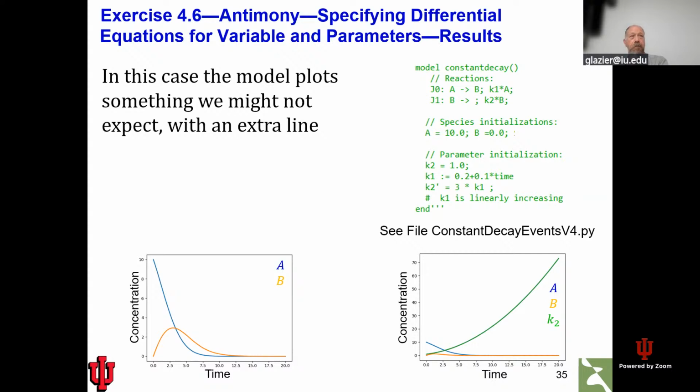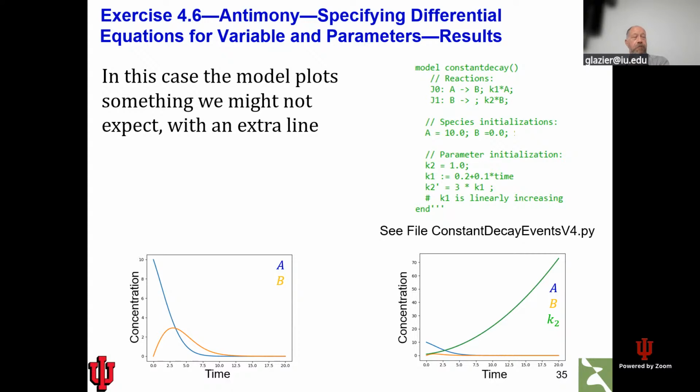And I noticed in several of the models that people downloaded, it did have the K2 prime syntax, K2 prime equals something. And I also saw the colon equals syntax in several of the models that you downloaded. So having done those downloads, now we've done a little bit of discussion of the syntax of how it works in Antimony to do that.